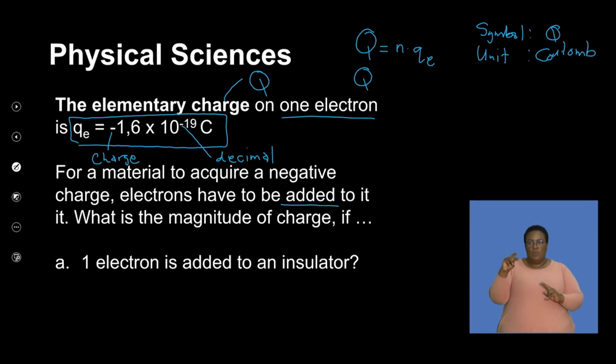Now they will talk later about some different types of units. So there is one electron that was added. What's the charge of this extra electron? Negative 1.6 times 10 exponent negative 19. Now the charge on this one will be equal to negative 1.6 times 10 exponent negative 19 coulombs.